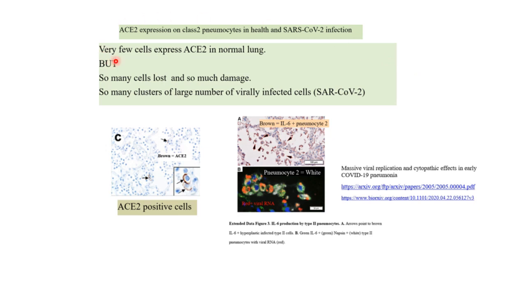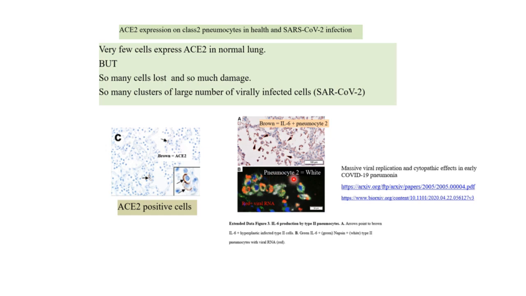So, very few cells express ACE2 in the normal lung, but there are so many cells lost and so much damage. So many clusters of large numbers of virally infected cells, that is by SARS-CoV-2. So take a look, very few cells which are ACE2 positive, but here we have large clusters of cells which are infected by the virus.